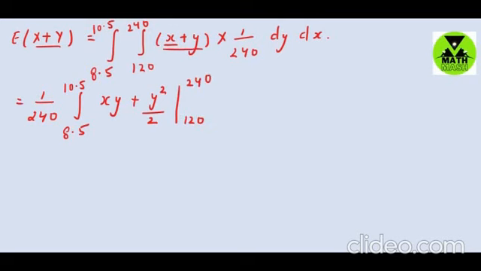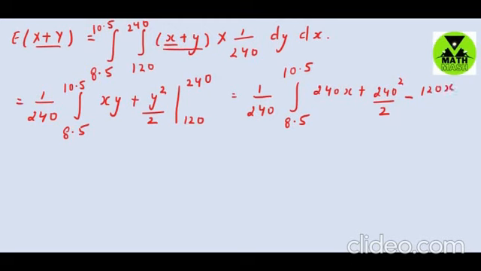Then substitute y equals 240 and then 120. So this is equal to 1 by 240 integral 8.5 to 10.5, and substitute y equals 240, so this becomes 240x, then we have 240 square by 2, then minus 120x minus 120 square by 2, then integrate with respect to x.